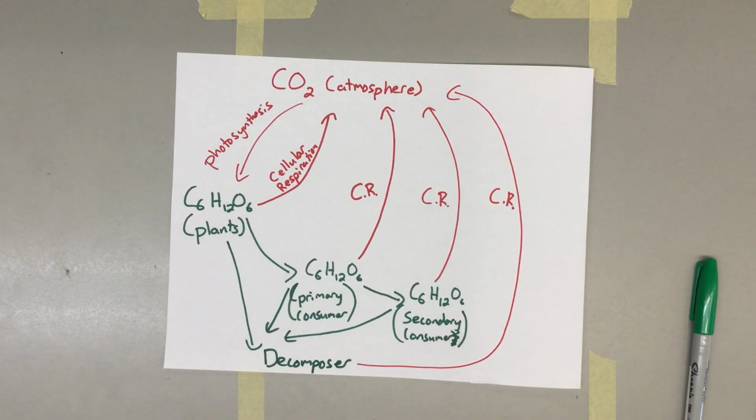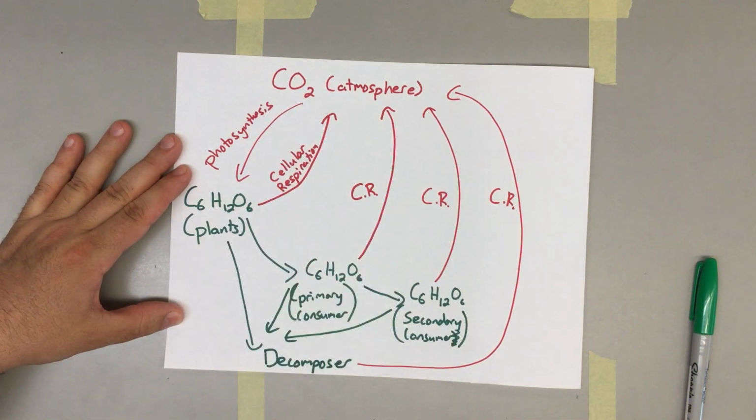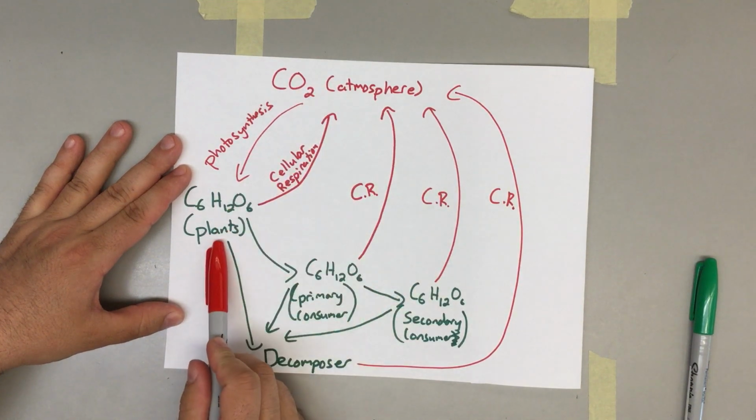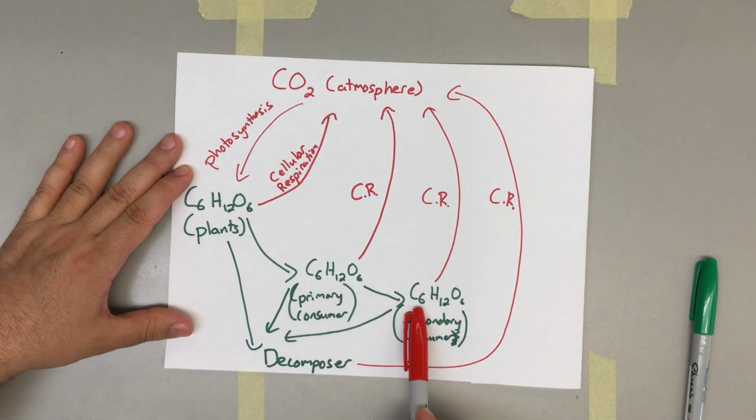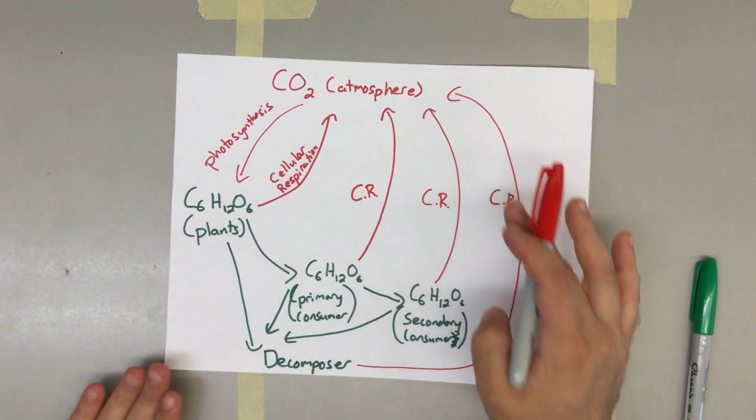So we can see how there's a lot of little cycles in here, but we follow the carbon through each consumer. Goes to a plant, goes to the primary consumer, goes to the secondary consumer, and can return to the atmosphere. So there's a bunch of little mini cycles in here.